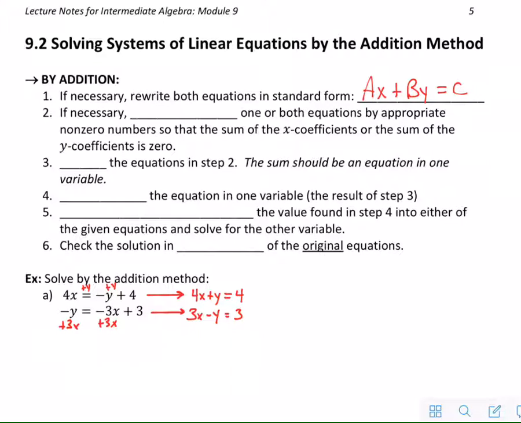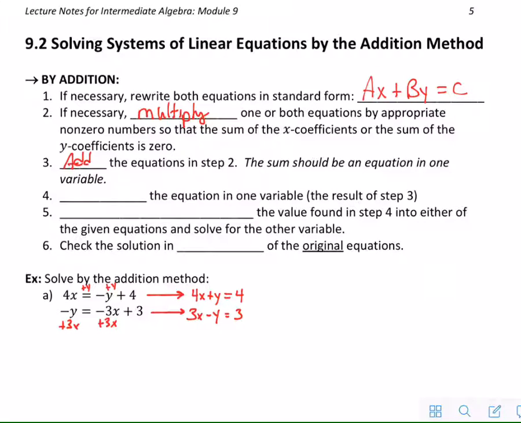So if necessary, step 2 says multiply one or both equations by appropriate non-zero numbers so that the sum of the coefficients of the x's or the sum of the coefficients of the y's adds to 0. So multiply one or both of the equations by something or some things so that one of the variables will cancel out when you add them up. Step 3, add them up. The result will be an equation with only one variable, right?